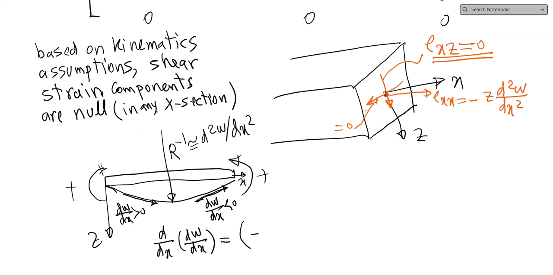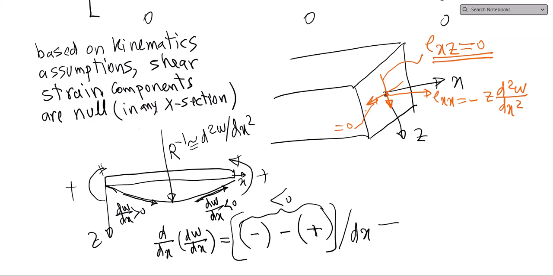Is a negative value, which is negative minus a positive value. You have to consider it this way because x is positive. And then this is divided by dx, but this is negative. Therefore, curvature is negative.